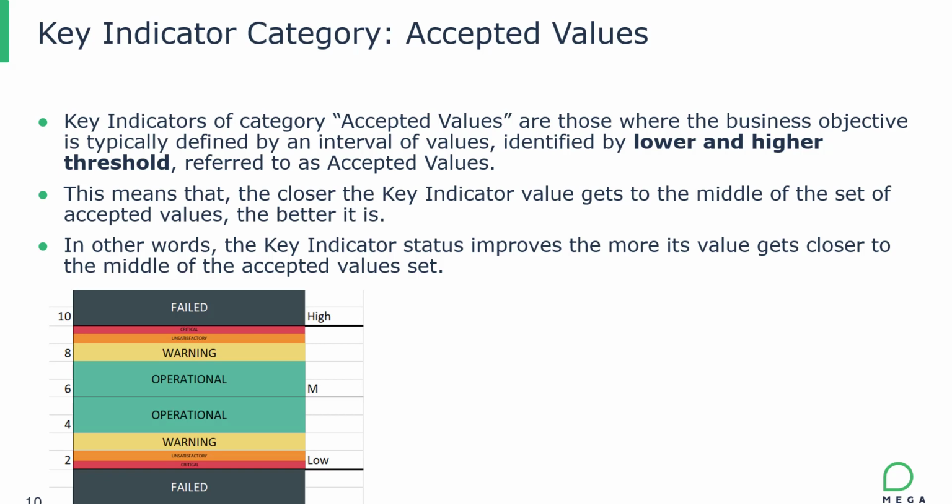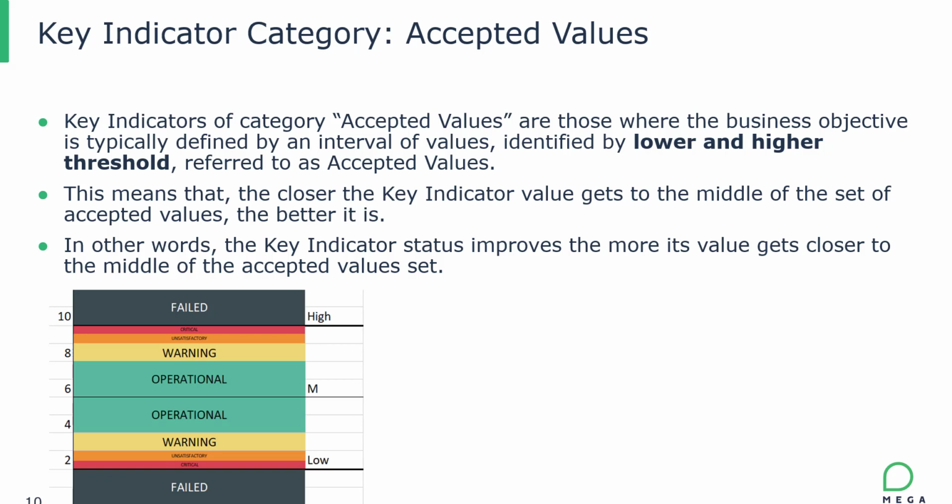Then, the closer we go to the middle of the set of accepted values identified by the parameter m, the closer we get to the operational status.